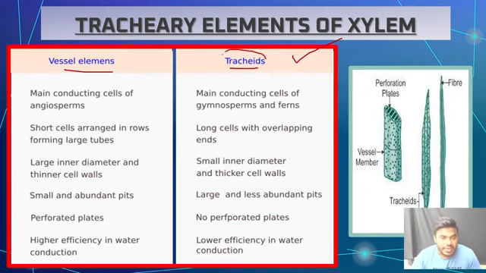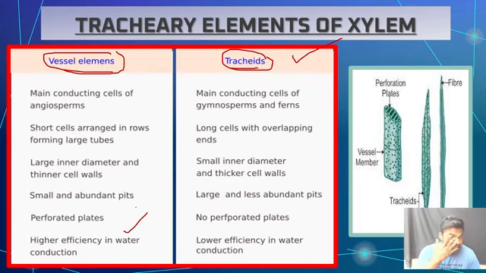Obviously, friends, tracheids show the lower efficiency in water conduction, whereas vessel elements always show the higher efficiency in water conduction. Please kindly don't forget it. And if you quickly recall the differences, what did I tell all of you? Tracheids are long, elongated, and most importantly, friends, they are spindle fiber in shape.